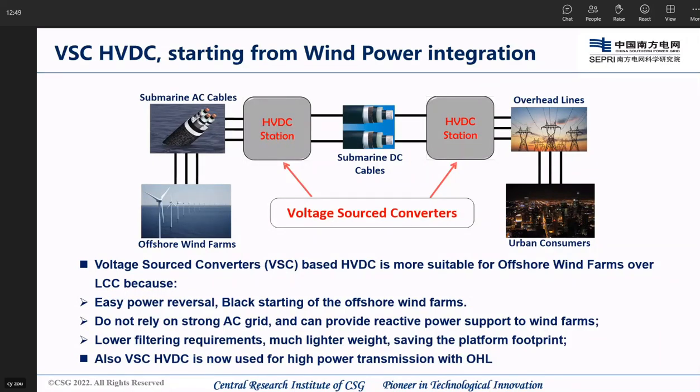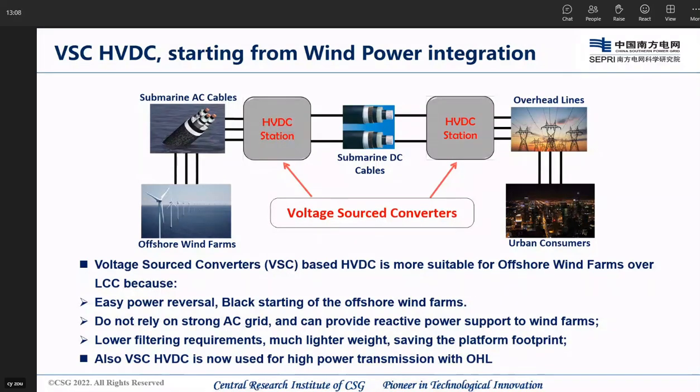Secondly, the VSC does not rely on a strong AC grid and can provide reactive power support to wind farms, while LCC needs to consume reactive power from the grid. Last but not least, there is lower filtering requirement for VSC.